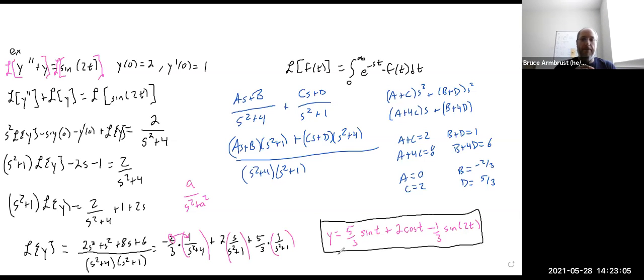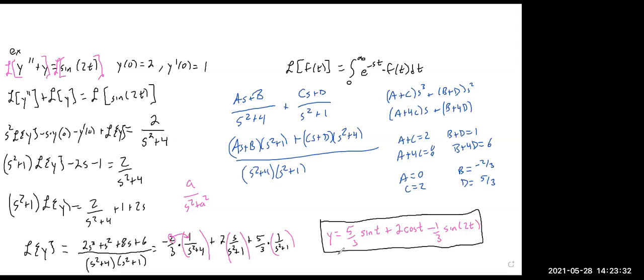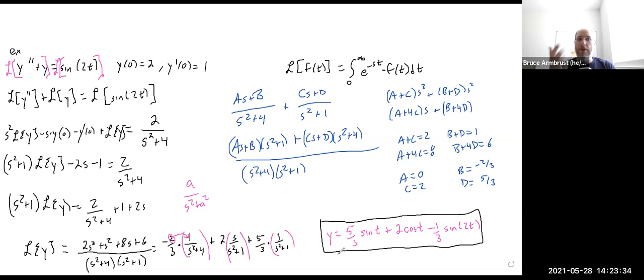Then you use your initial conditions: plug in 0, set it equal to 2; take the derivative, plug in 0, set it equal to 1. That leads to the 5/3 for the sine of t and the 2 for the cosine of t. So we get to exactly the same place through a very different method. Like I mentioned last time, the trade-off is we went from calculus world to algebra world. We didn't do a touch of calculus here.